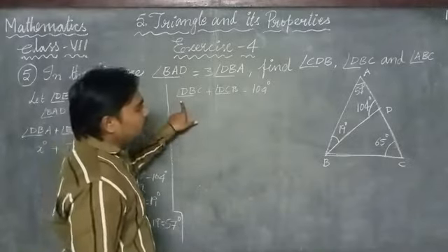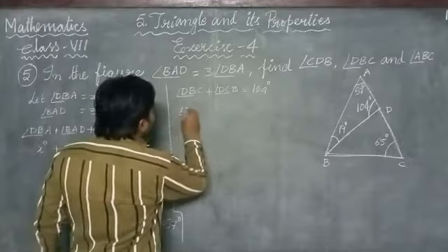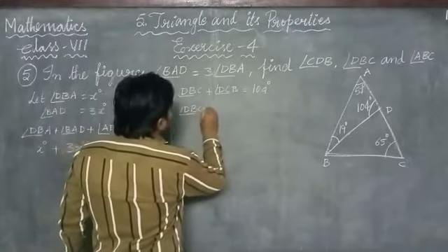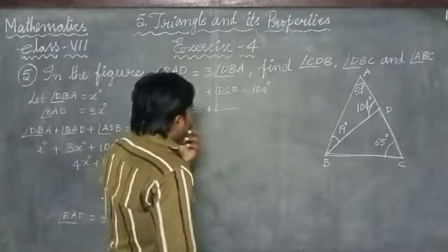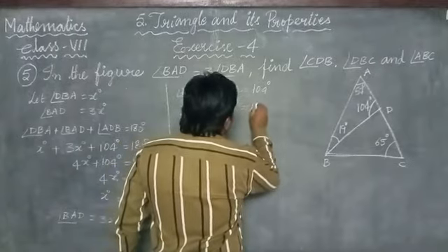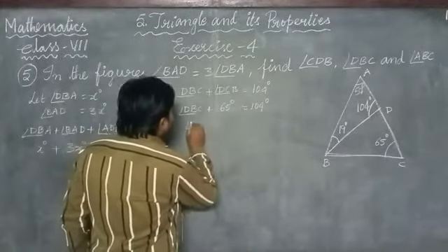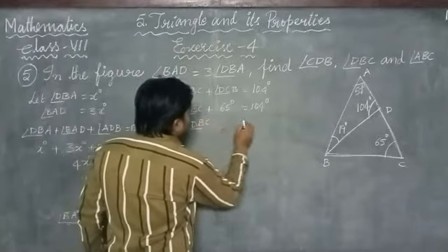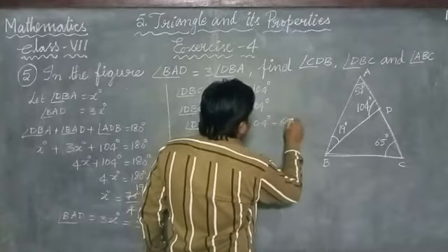Now angle DBC, we don't know the value. Angle DBC plus angle DCB, where angle DCB is 65 degrees, equals 104 degrees. From that, angle DBC equals 104 degrees minus 65 degrees.